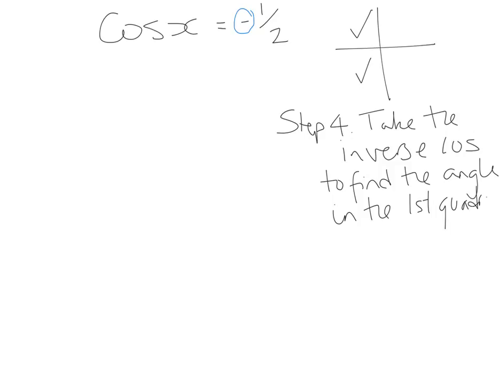Now we always want to find the angle in the first quadrant. We talked about that in the related angles video. So again, we're trying to find the answer in the first quadrant to then use that to find the quadrants we are interested in. So we ignore the negative sign.